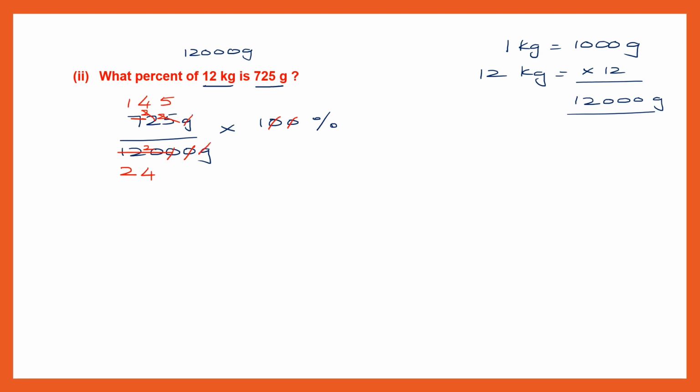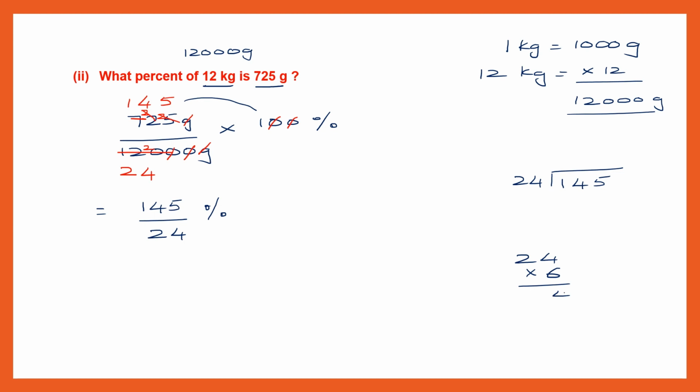Now let's see what is left in the numerator. In the numerator we have 145 into 1, so that is 145. In the denominator we have only 24. Now let's divide 145 by 24, and remember all the while that this is percent. Let's get a number close to 145. Let's try 24 into 6. 6 fours are 24, carry 2. 6 twos are 12, 13, 14.